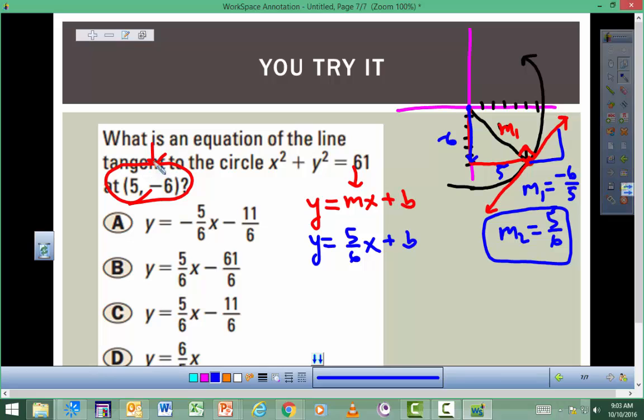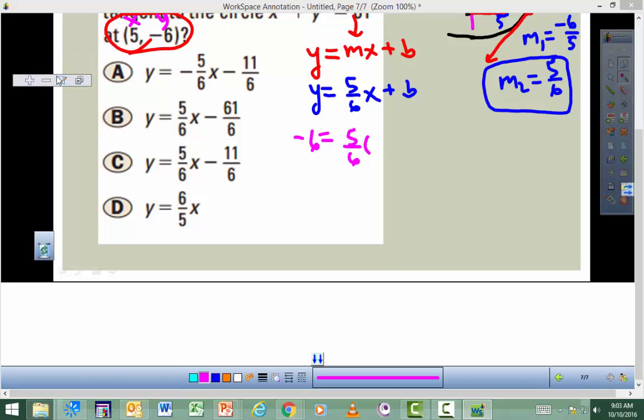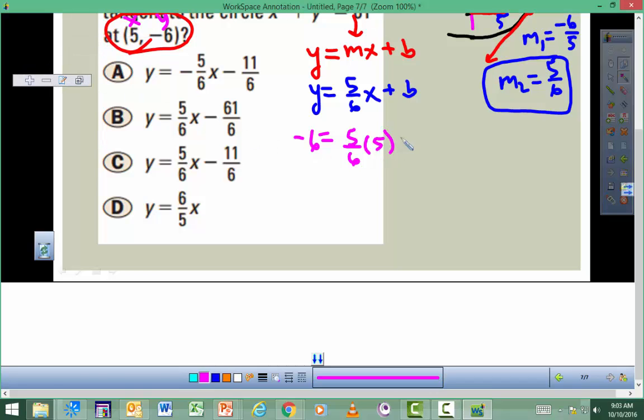Now do you see why this point comes in handy? This is my x value, this is my y value, right? So I'm going to put -6 here is equal to 5 sixths times 5, plus b. If I finish off the algebra here and simplify this fraction, I'm going to get 25 over 6 plus b.